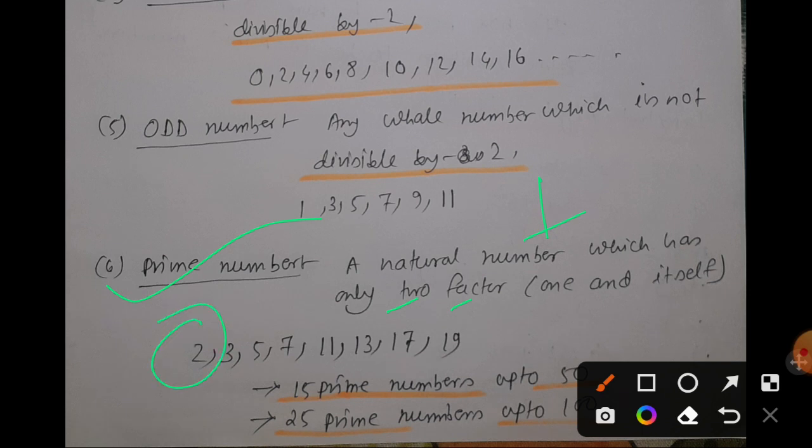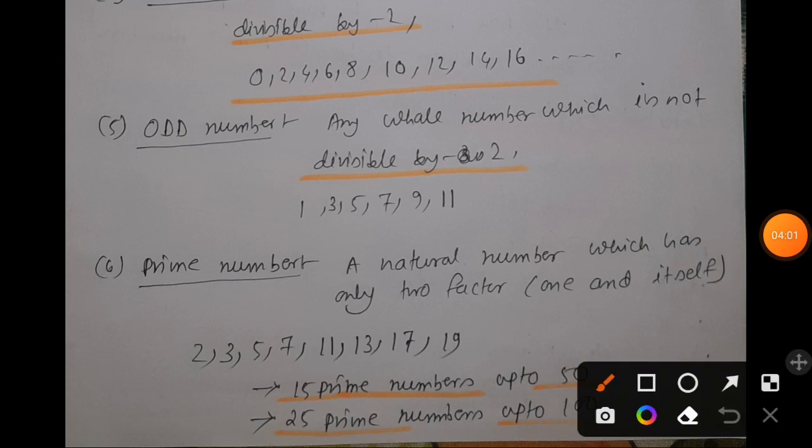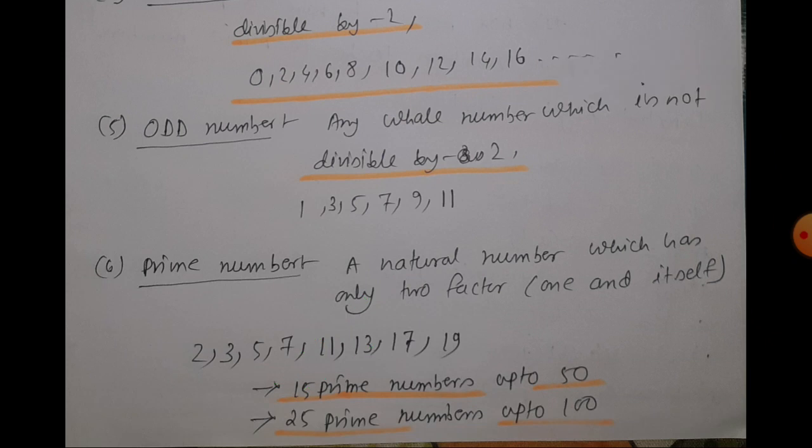For example, let's say 2. 2 can be divided by 2 and 1, okay? Similarly 3. 3 can be divided by itself and 1, okay? So remember one interesting thing, there are 15 prime numbers up to the number 50, okay? And there are 25 prime numbers up to 100, okay?